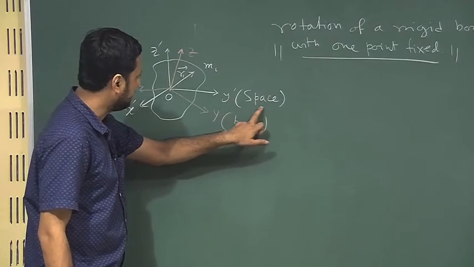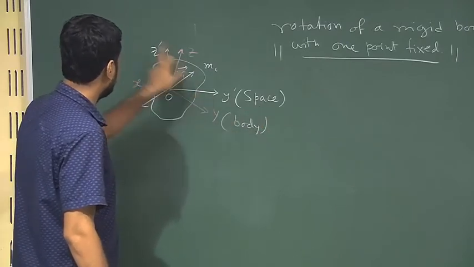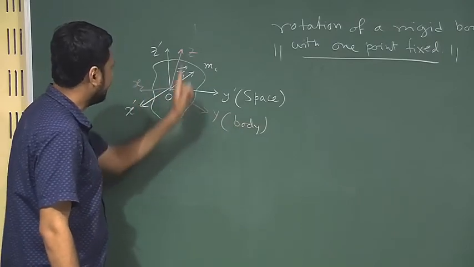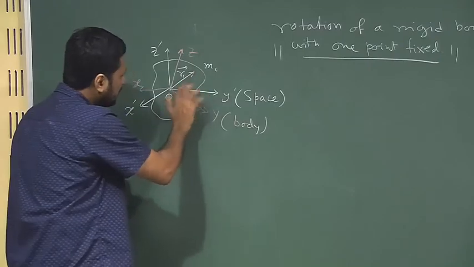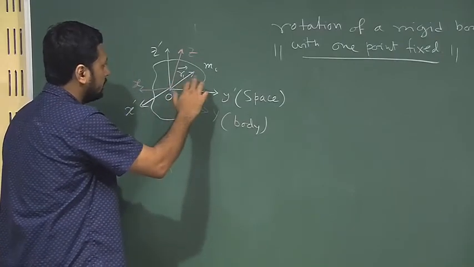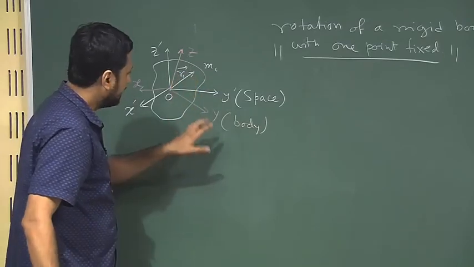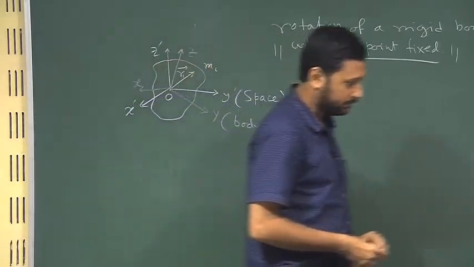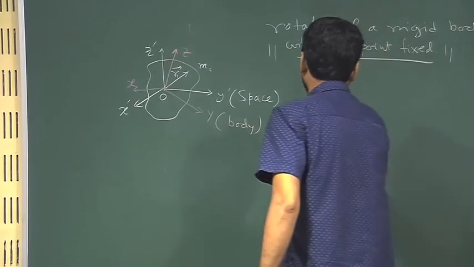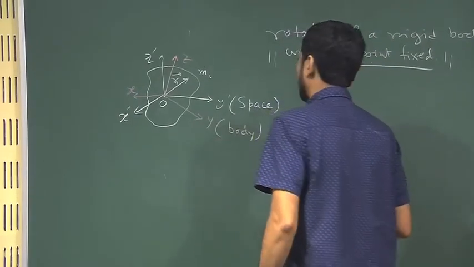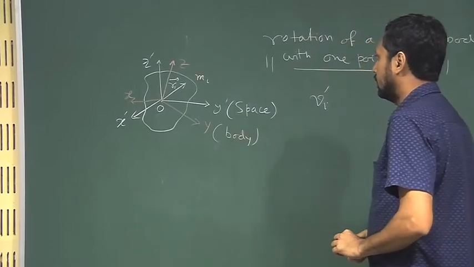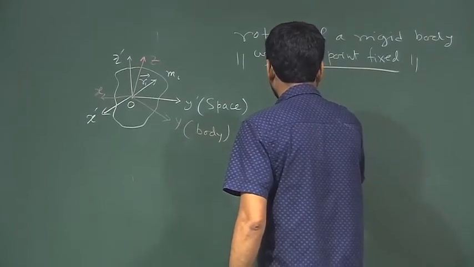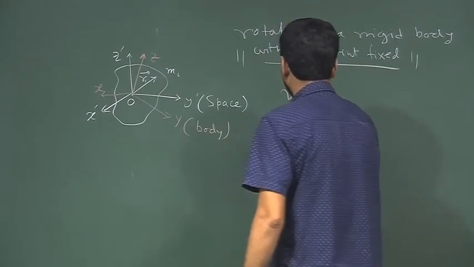So, we have a space set of axes which are fixed in space, given by x prime, y prime, z prime, and we have a body set of axes which are moving along with the body, given by x, y and z. All the coordinates and the velocities are with respect to this body set of axes. Because of that, we can write the velocity v I, with the suffix s for space.